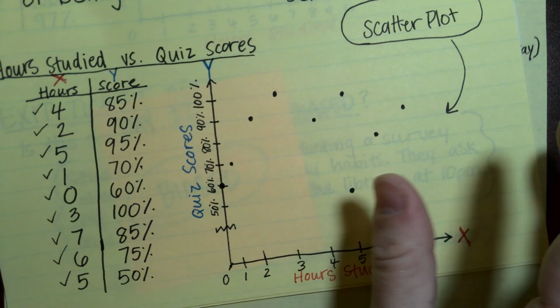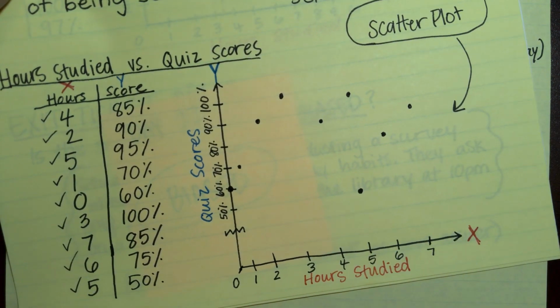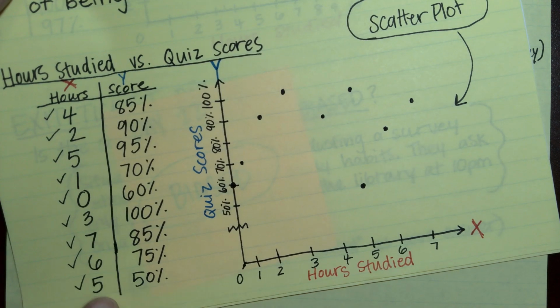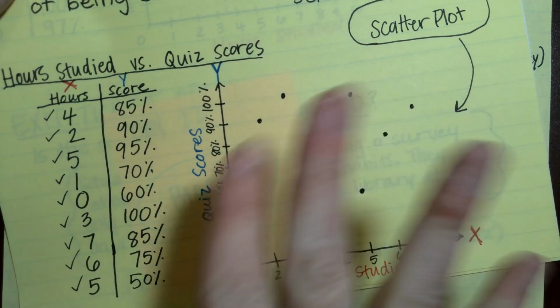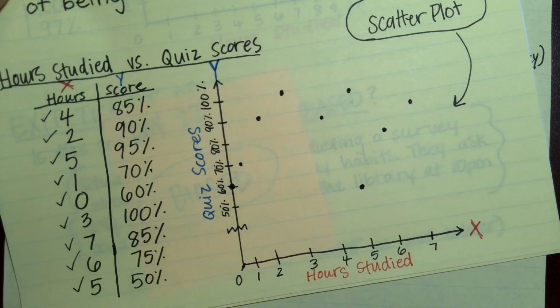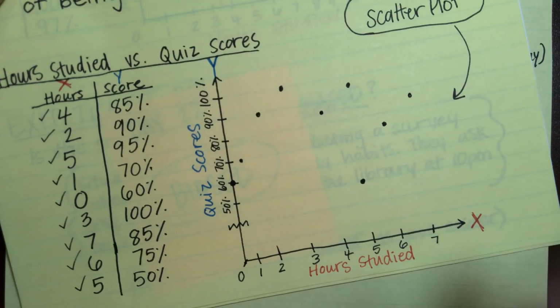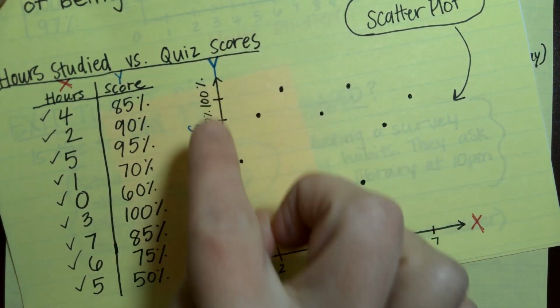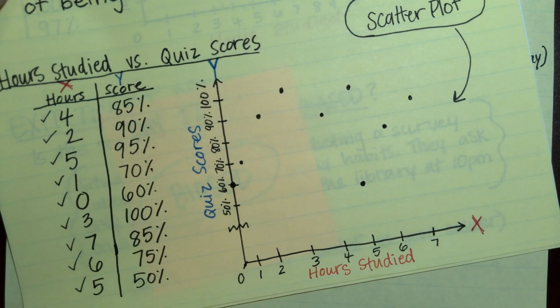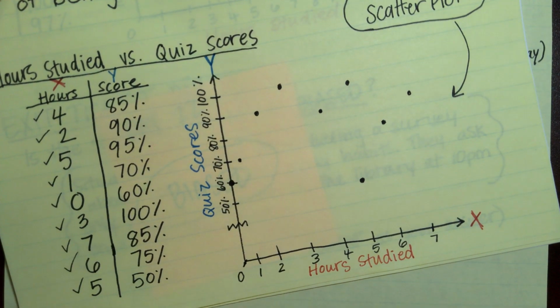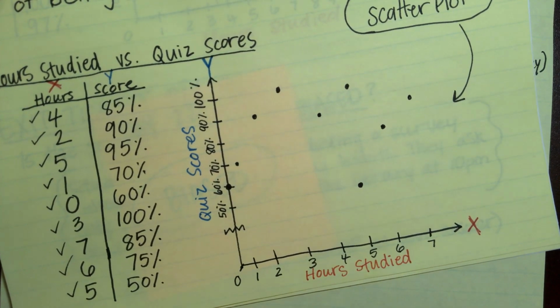Now, if we got rid of some of the outliers in the data, like when somebody studied for 5 hours, they only got 50%, maybe we could clean this up a little bit and come up with a more accurate correlation. But in general, when we see a scatter plot or data points that are all over the place, you're not seeing much of a trend or a pattern, we would say that these are not correlated.